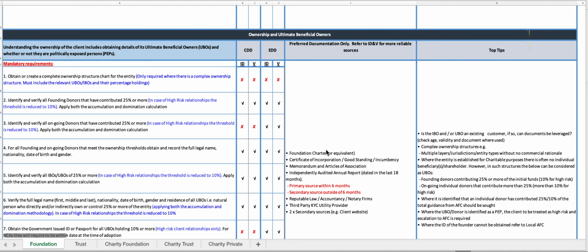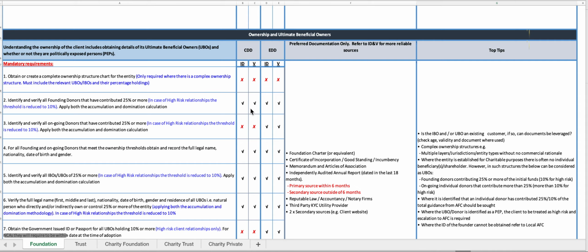Ownership and ultimate beneficial owners. Obtain or create a complete ownership structure, which is not necessary for EDD, CDD. Identify and verify the founding donors that have contributed 25% or more. It is required for CDD and EDD.